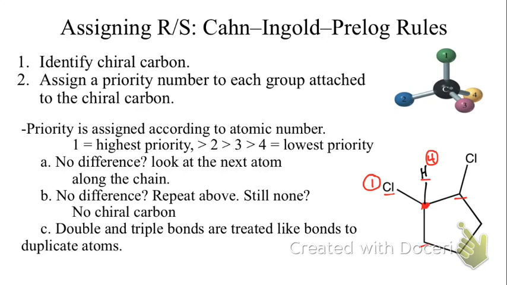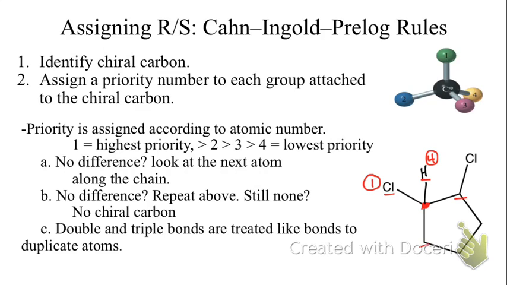The next issue is between our two carbons. We know they're different from each other, but we don't have a way to assign the priority because priority is assigned according to atomic number. So what Cahn and Ingold came up with is: if you don't identify a difference right away, look at the next atom along in the chain, and continue to look at the next atom until you find a difference.